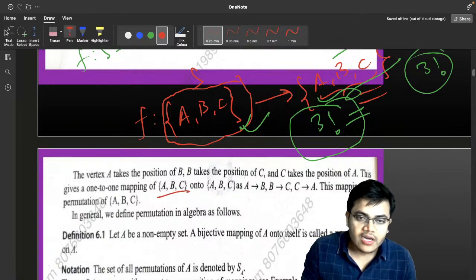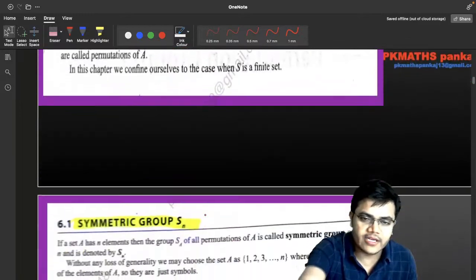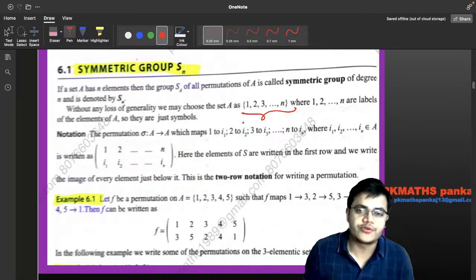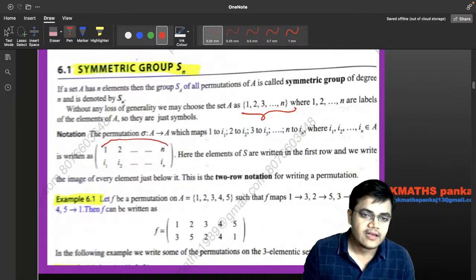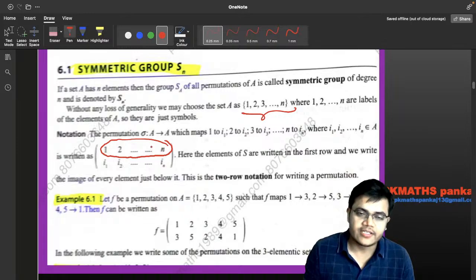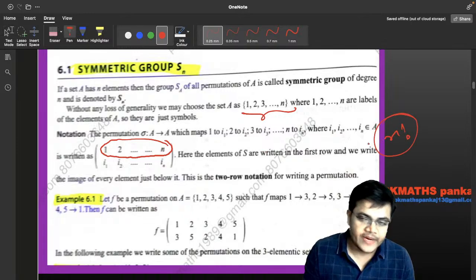Okay, so think, if you will have n number of elements, then what is going to happen? If the set A has n number of elements, then how many elements will be there in the permutation group? Certainly there will be factorial n number of elements in that permutation group.